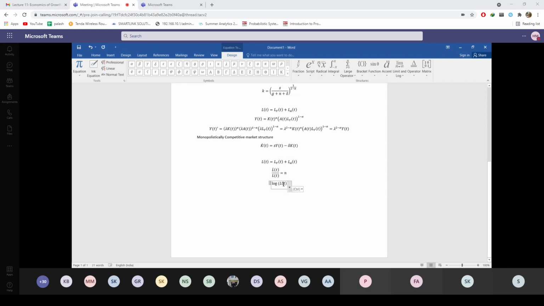Log of LT equals log of exponential log of, in the bracket, LYT, bracket closed, plus exponential log of, in the bracket, LAT, bracket closed, bracket closed.